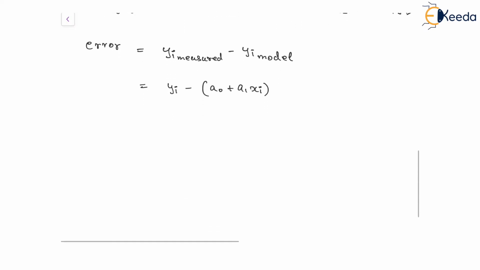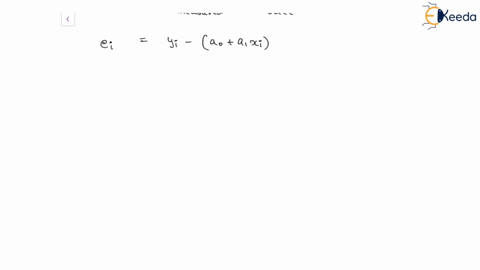So this is the error we will face, but since some of the error is going to be positive, some of the error is going to be negative, overall error may get cancelled. So in that case, we take the criterion of error square and try to minimize it.